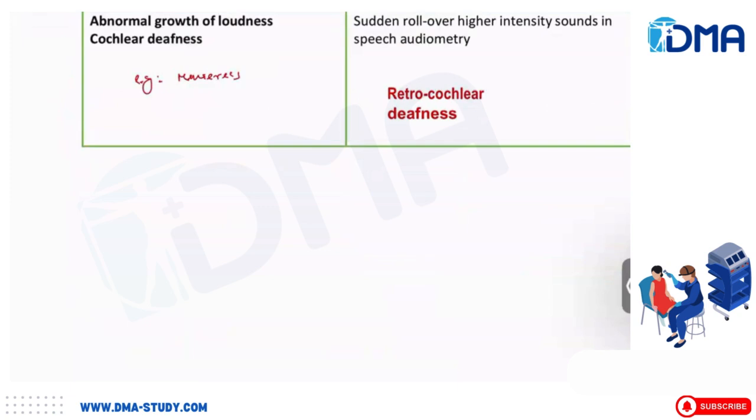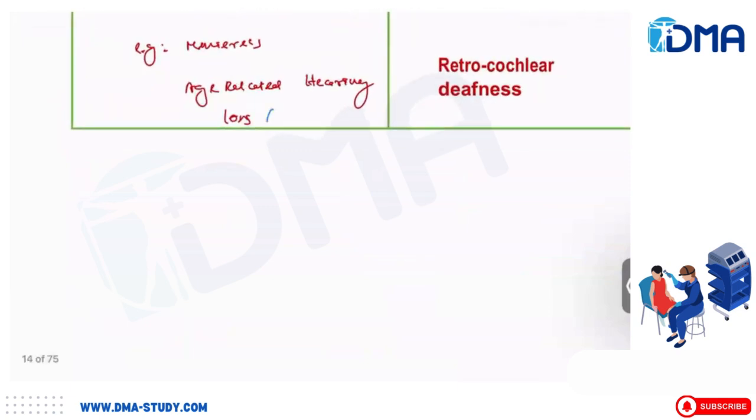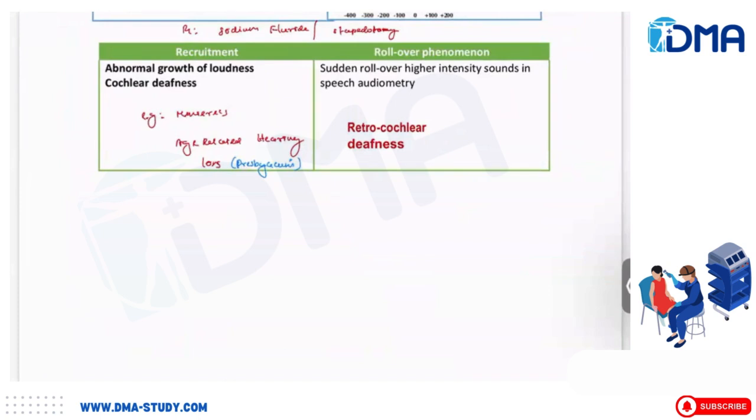The second one is age-related hearing loss, otherwise called presbycusis.